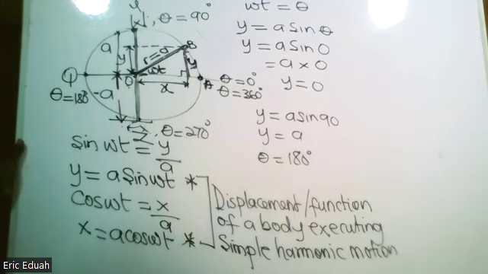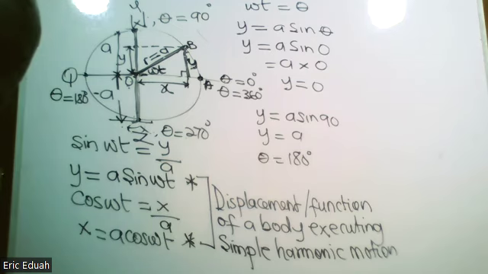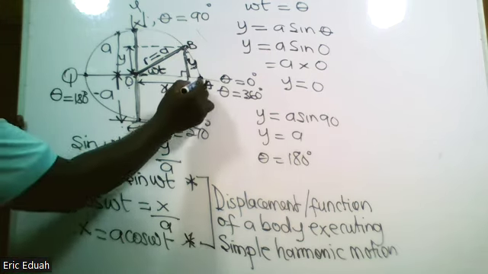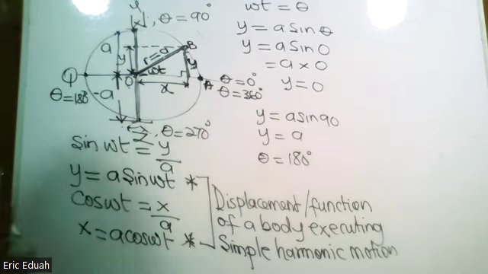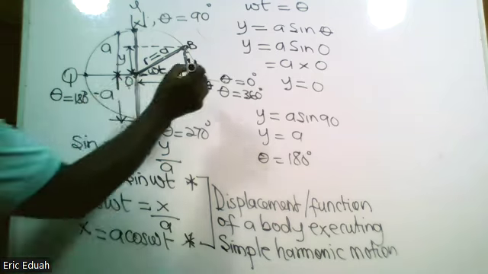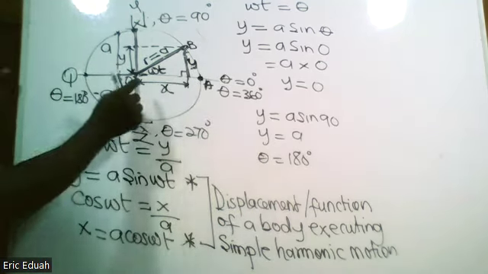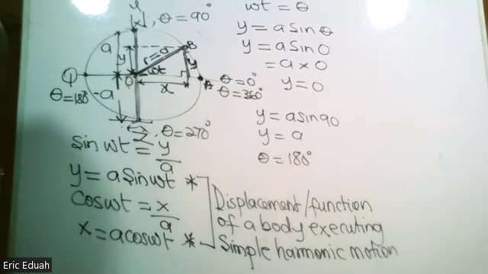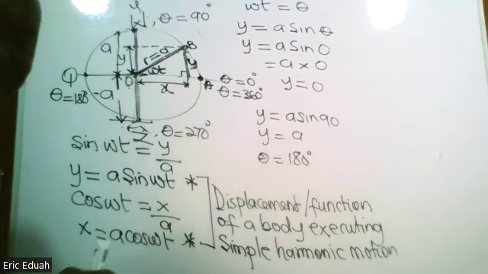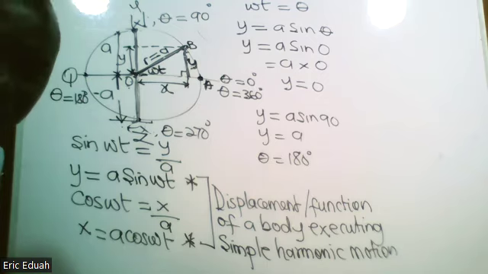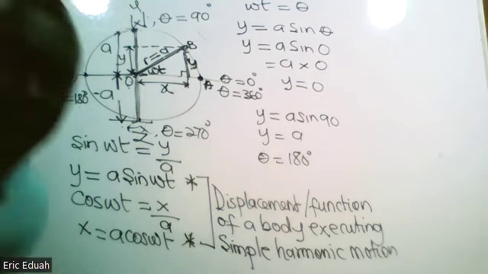Minus A. Minus A is the amplitude, the maximum displacement, but in the opposite direction. Is that okay? And then when it comes back to A, where theta is 360, what is the displacement? 0. When you compare its position to the center, it hasn't moved. It is at the same point as the origin or the mean point. So the displacement is 0. Are we okay?